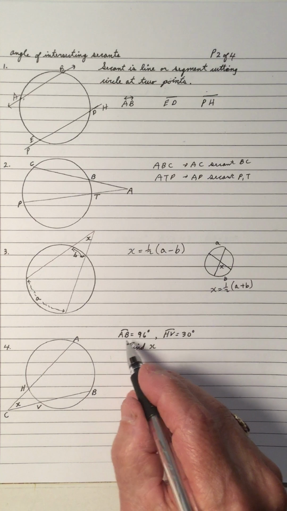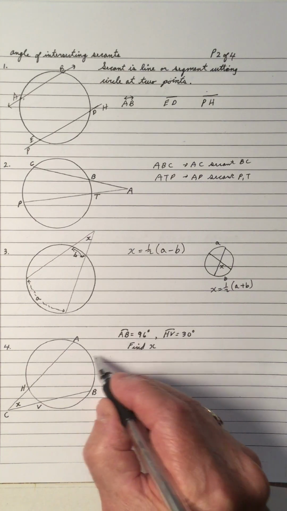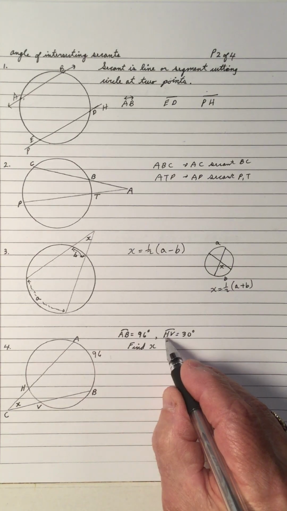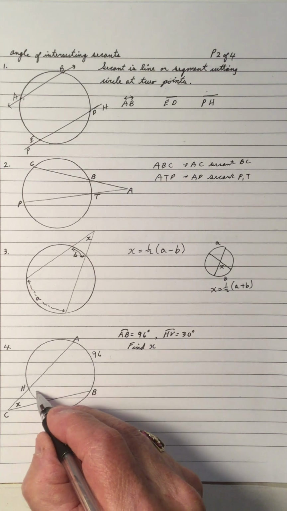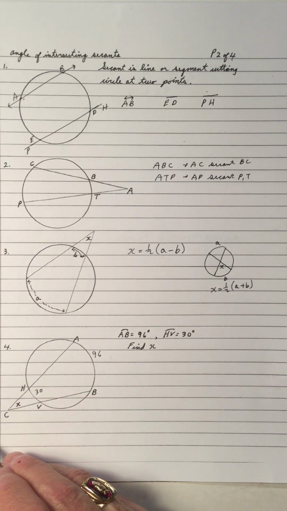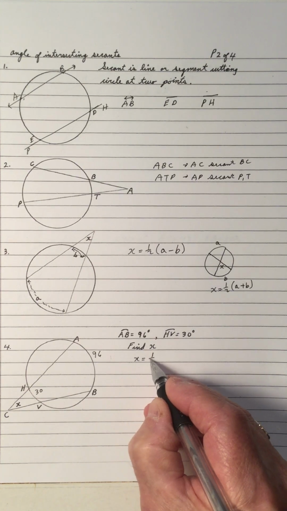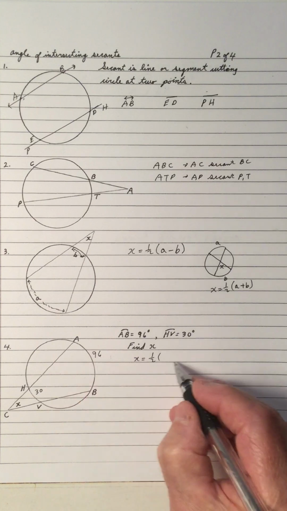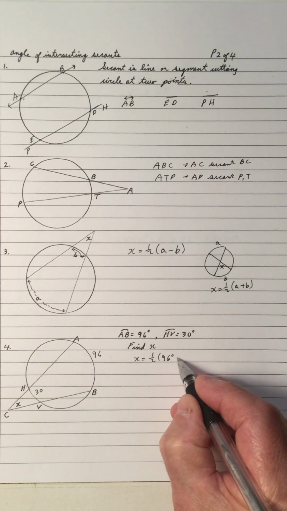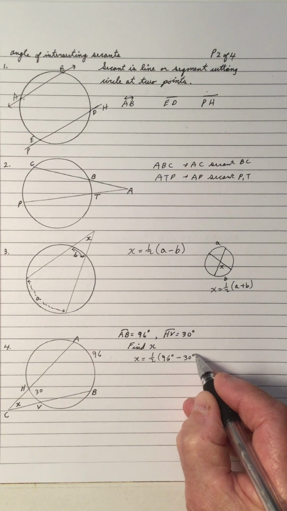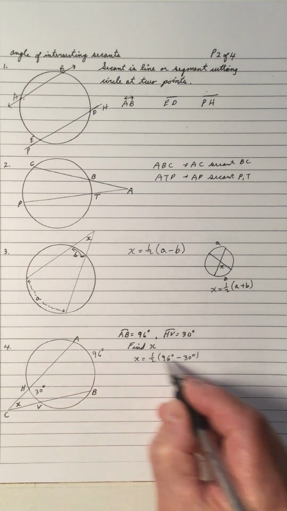Okay, and based on that, AB is 96. The arc HV is 30. So we want to find X. So X is a half of the larger arc, which is 96, minus the smaller arc, which is 30. Again, they're degrees.